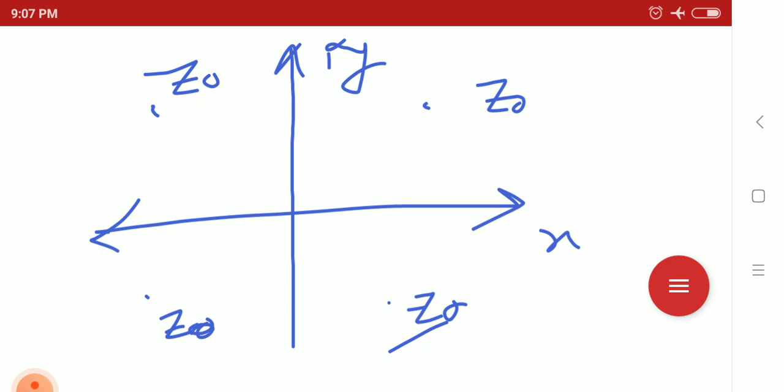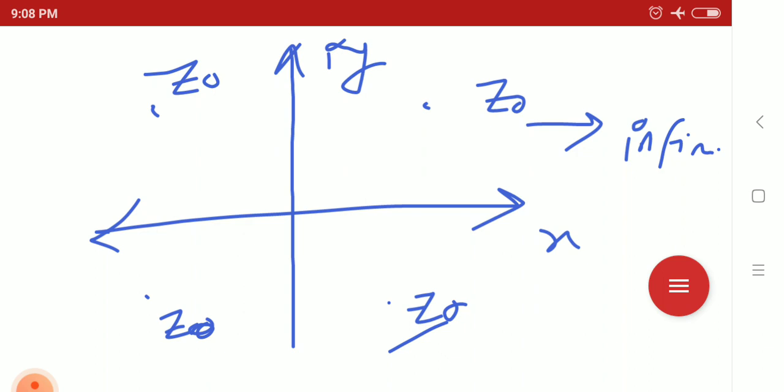If I talk about the limit of approach, you can see there are infinite number of paths or approaches towards z0.